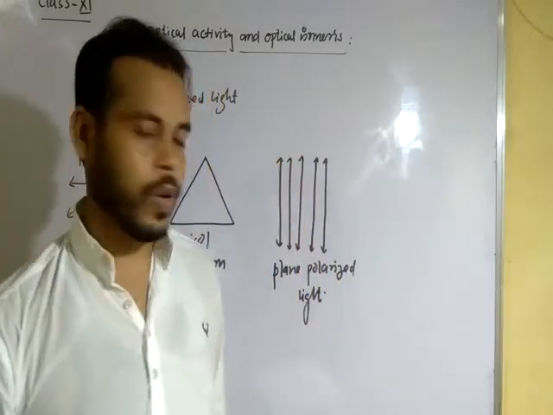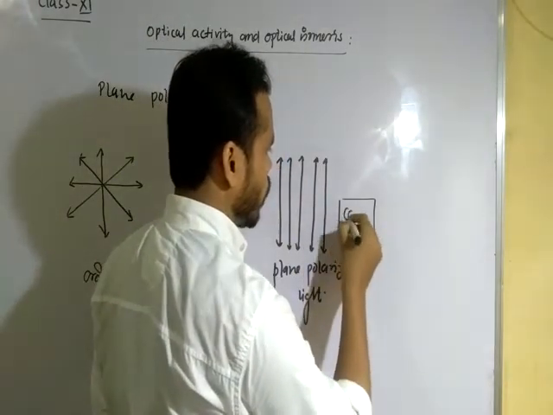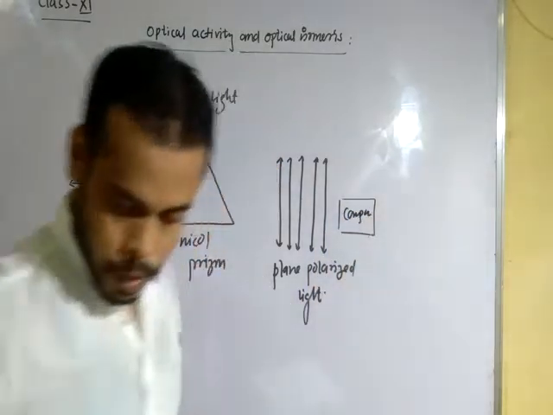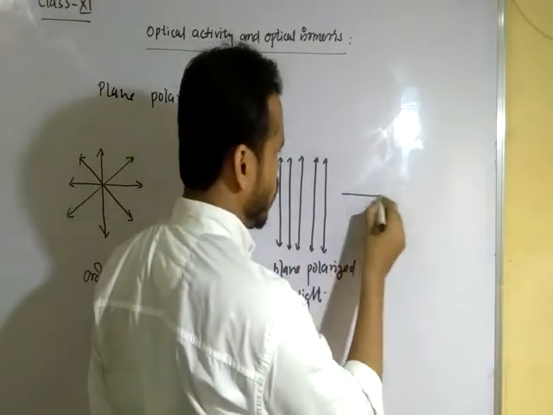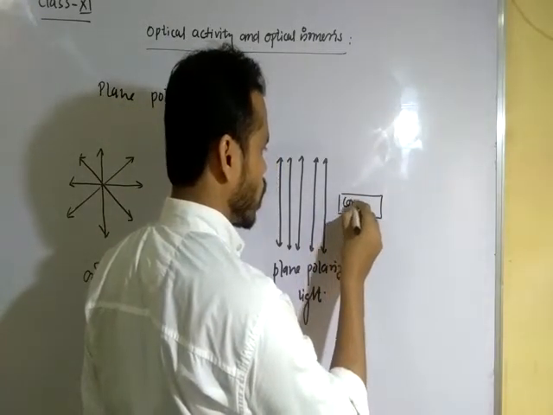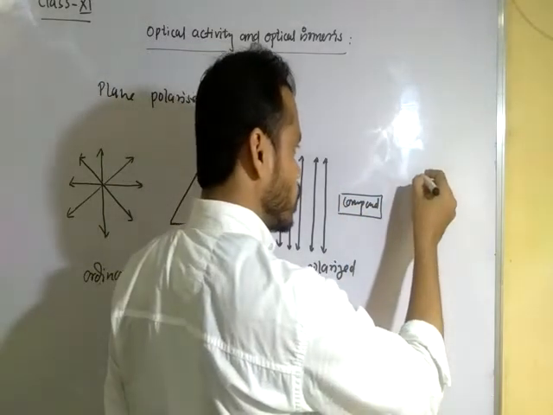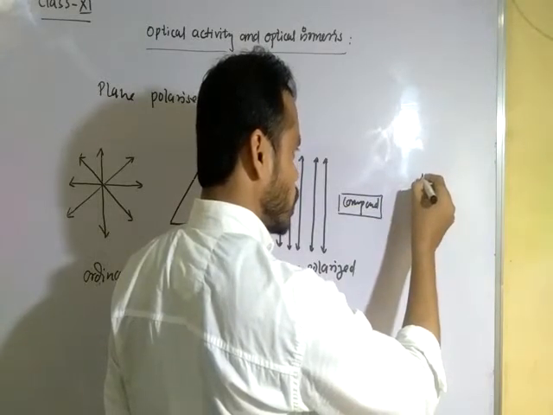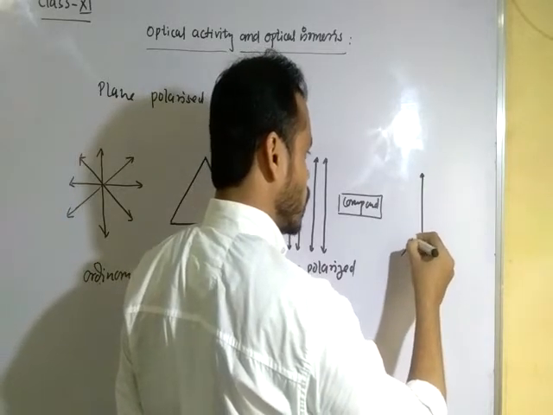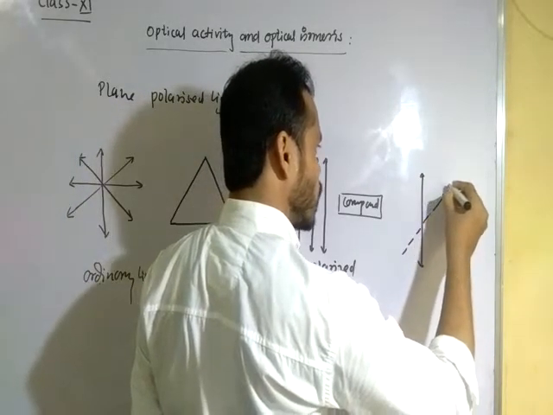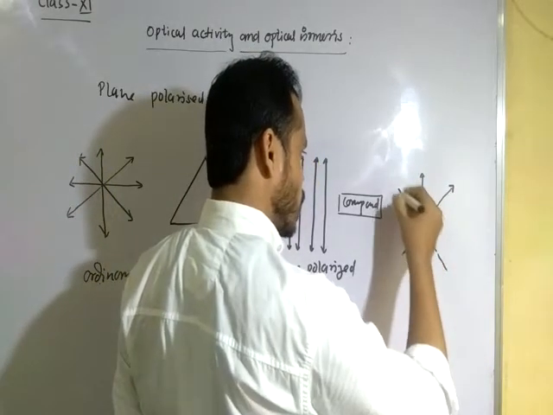the plane polarized light. Suppose we take some compound here, and the compound may be a solution of some inorganic or organic compound, which has a tendency to rotate the plane polarized light in the clockwise direction or in the anti-clockwise direction.